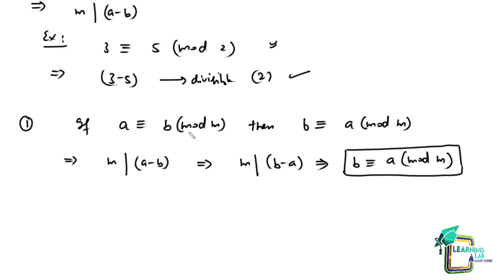If A is congruent to B mod M, that means B is also congruent to A mod M. That means we can interchange these two integers, right?